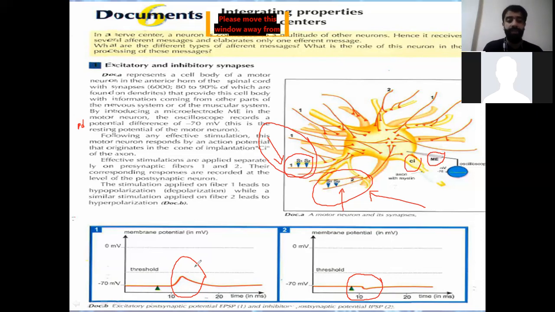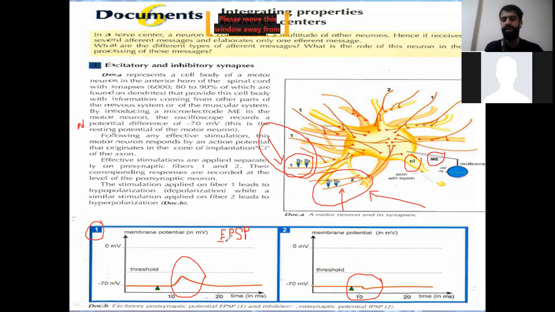Whereas in figure 1 of B, we have depolarization. So we are moving toward the positive. So here we can say that this is the excitatory postsynaptic potential, since you move toward the positive: EPSP.